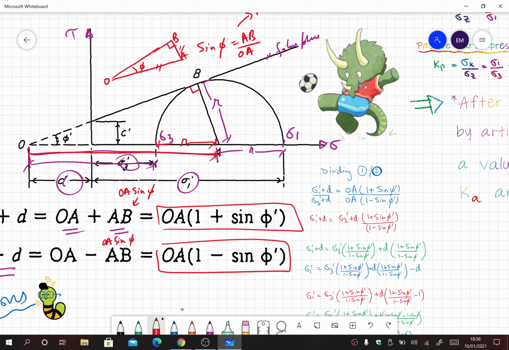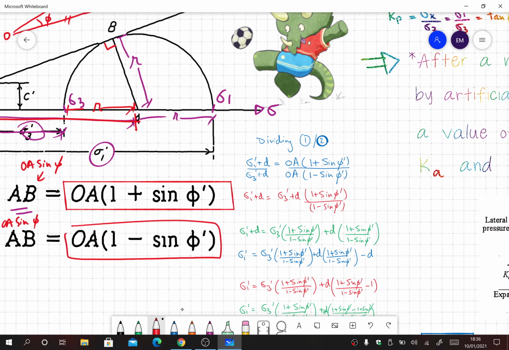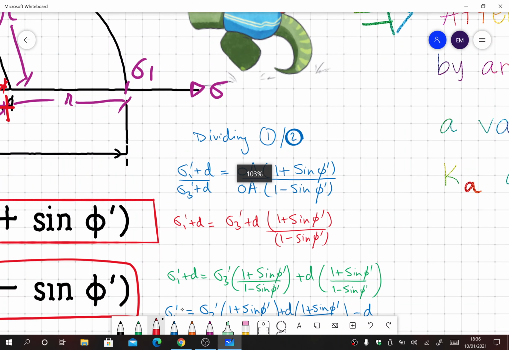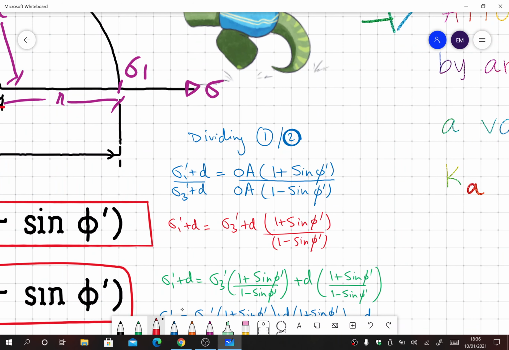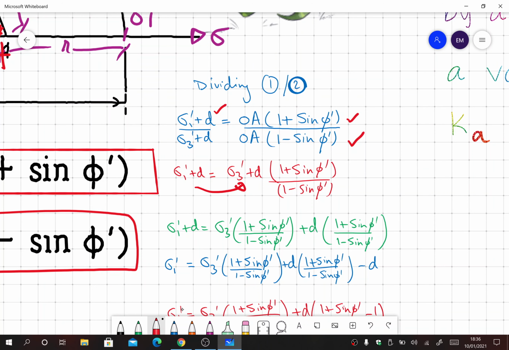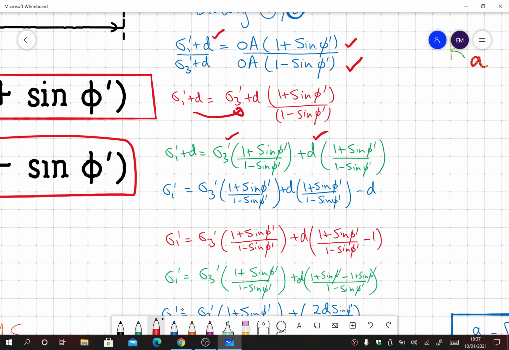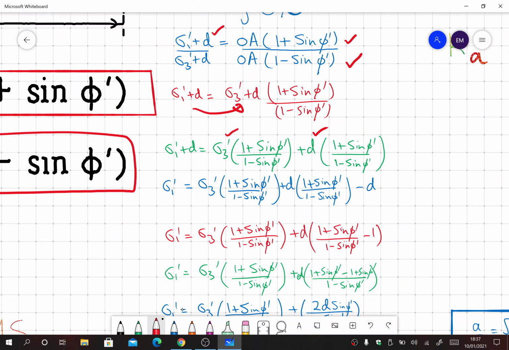So now what we do is divide these two equations. Dividing 1 by 2, we have sigma 1 plus d over sigma 3 plus d equal to OA into 1 plus sine phi over OA into 1 minus sine phi. Then multiplying sigma 3 with 1 plus sine phi and with d, we get this value.